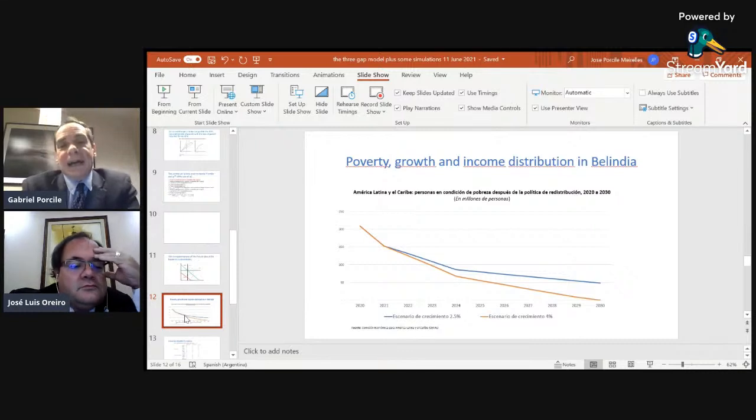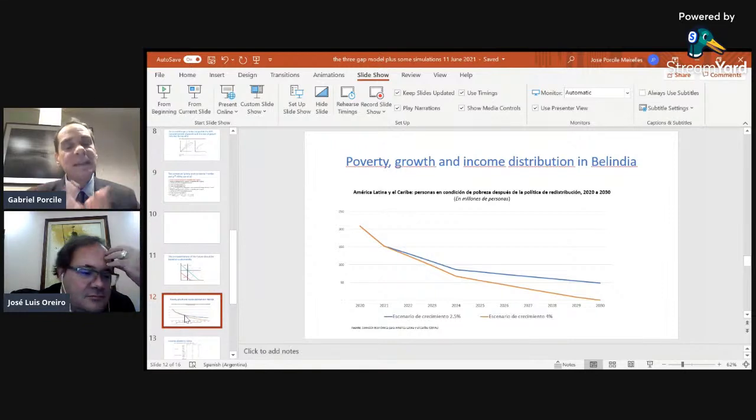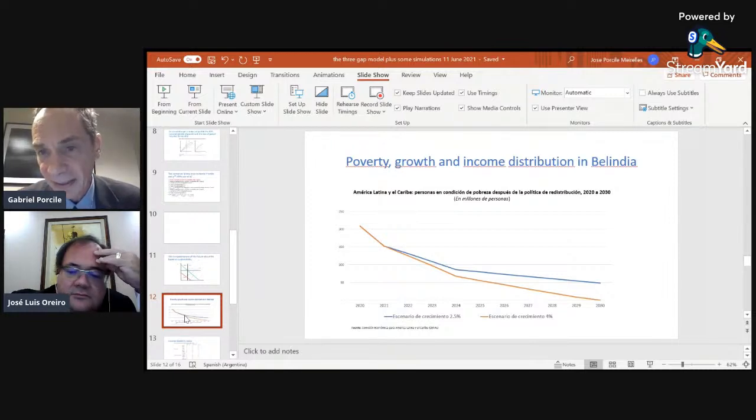We took India as an example, which is an average of the Latin American countries. And in this, India, we defined the rate of growth necessary for social equilibrium as the one we need in order to eliminate poverty in 2030.